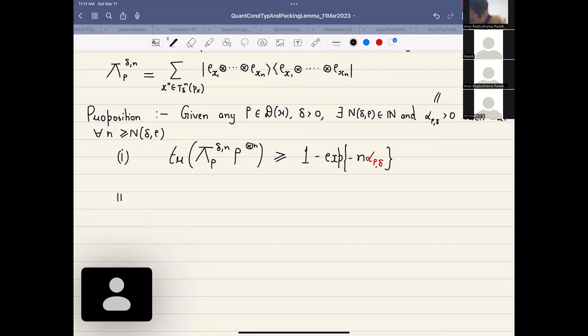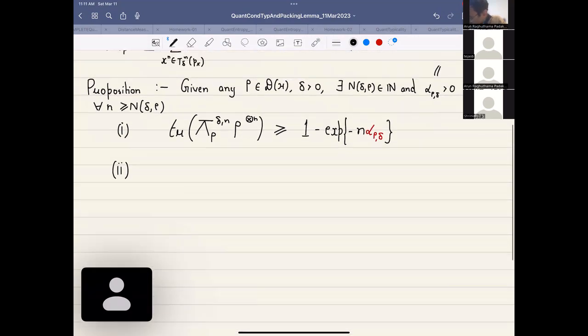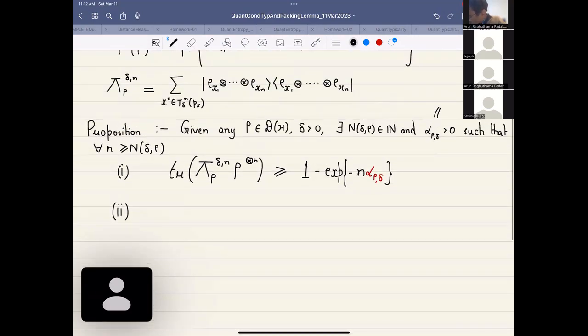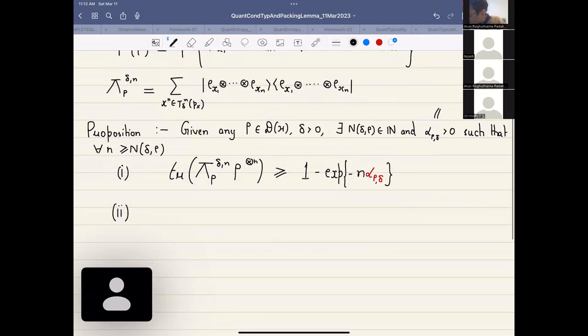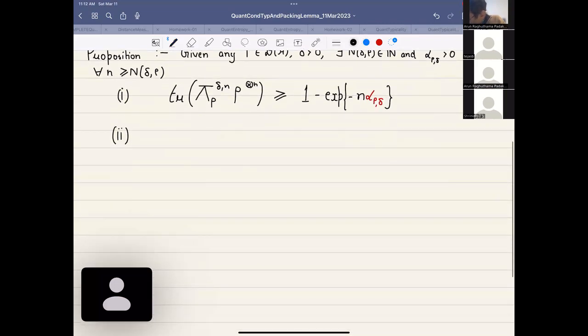And 2, the dimension of this subspace. See, your rho tensor n actually lives in a space of dimension d power n. So if I look at the dimension of T rho delta n, which is also equal to the trace of the projector, because if I take a subspace and look at its dimension, it is the same as the trace of the projector pi rho delta n.